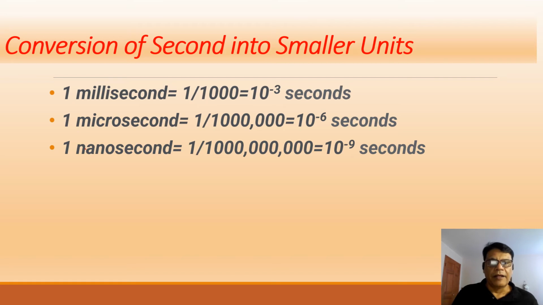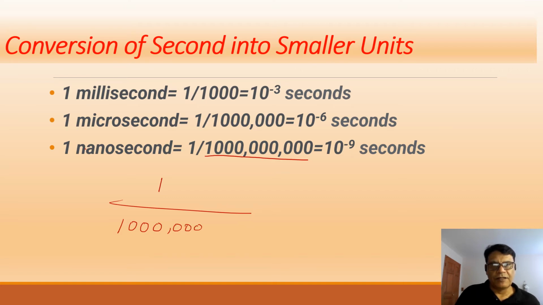Nanosecond. Nanosecond is 1 over this large number. 1 over 1, 2, 3, 4, 5, 6, 7, 8, 9. Here is the decimal point.